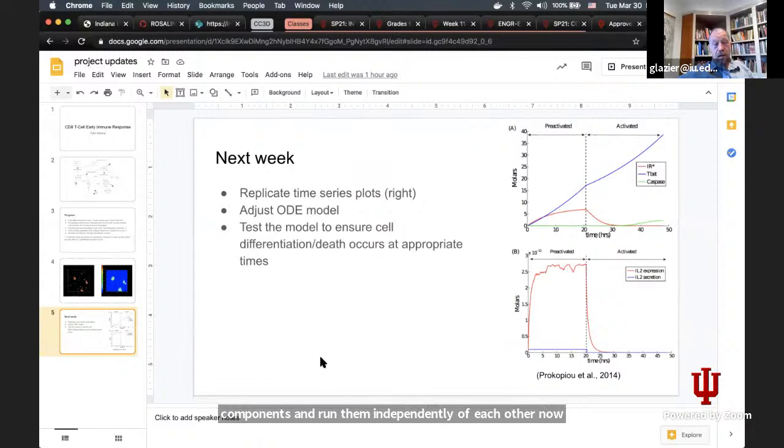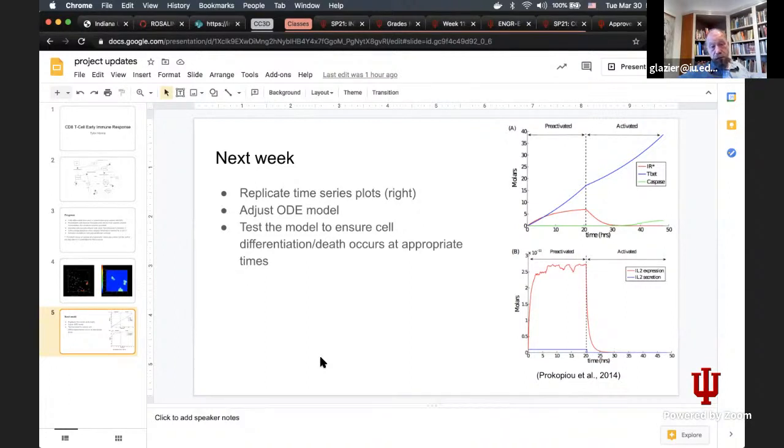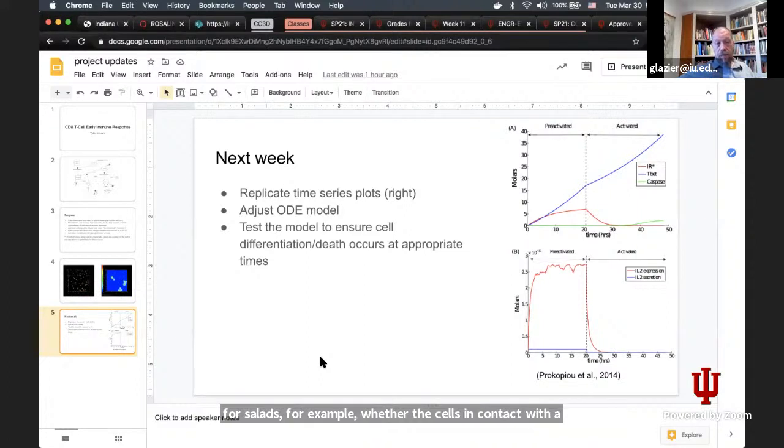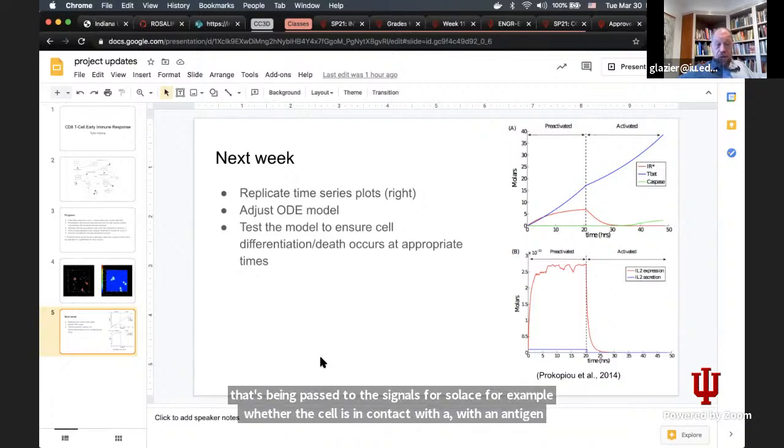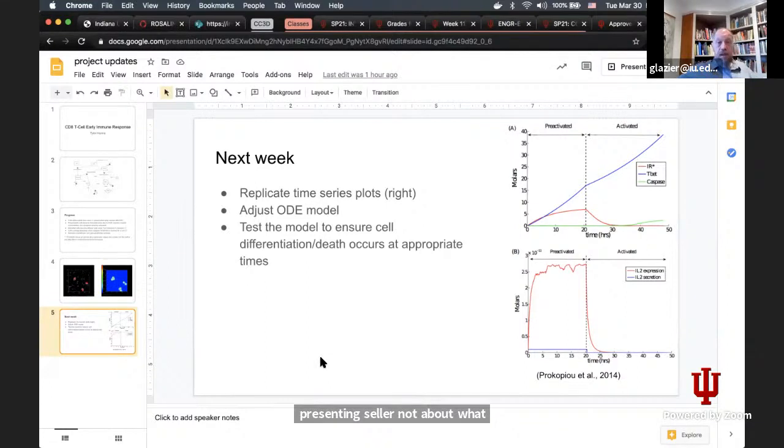That can seem difficult, at least to begin with, if some of the information being passed to the cell is, for example, whether the cell is in contact with an antigen presenting cell or not. But what you can do is have a flag, which is, am I next to an antigen presenting cell?